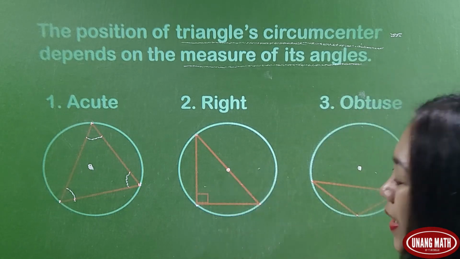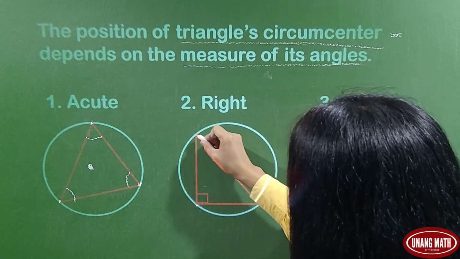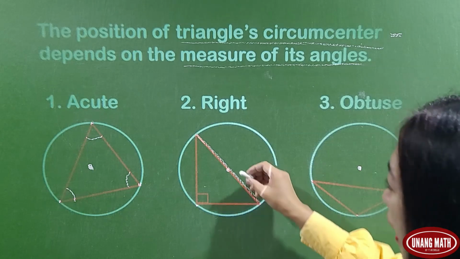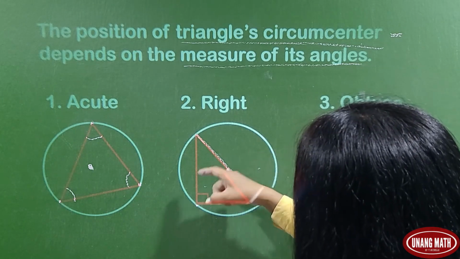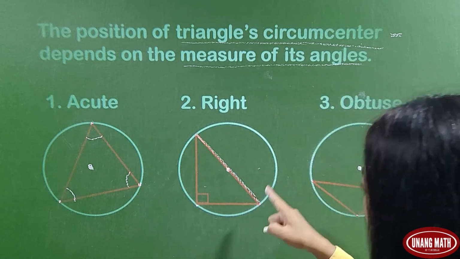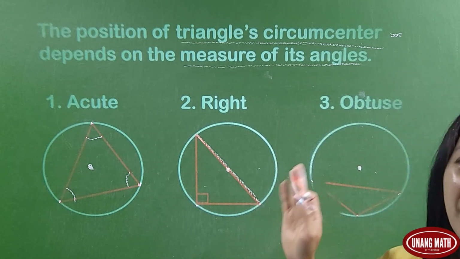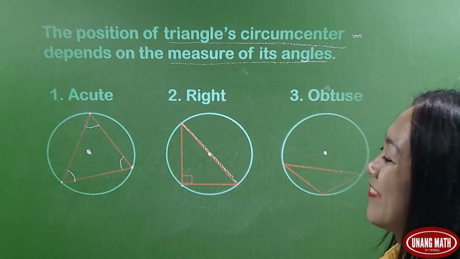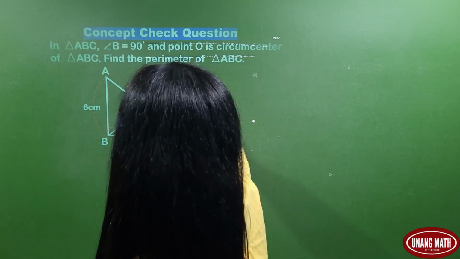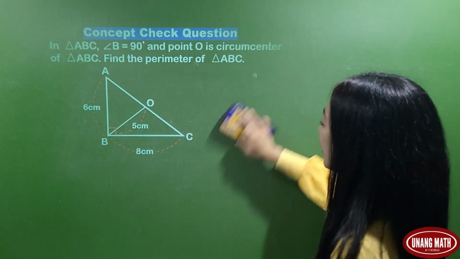As you can see, this is actually the midpoint of our hypotenuse. So the position of this triangle's circumcenter is the midpoint of the hypotenuse, as long as the triangle is a right triangle. Now, let's give more examples by answering this concept check question.